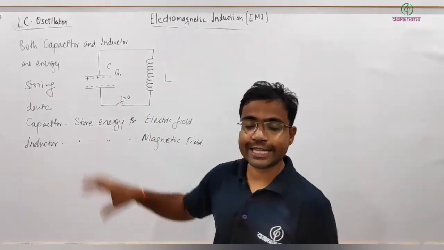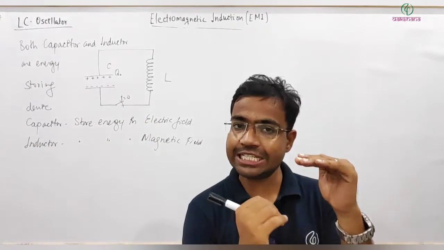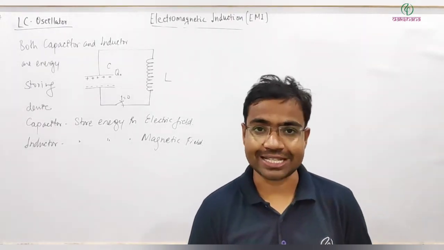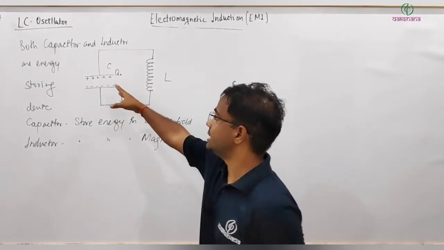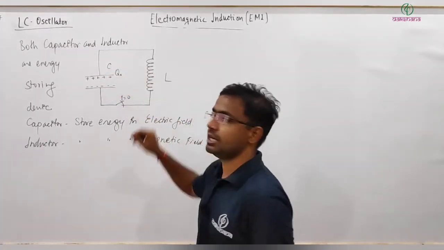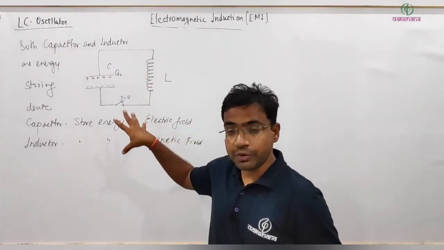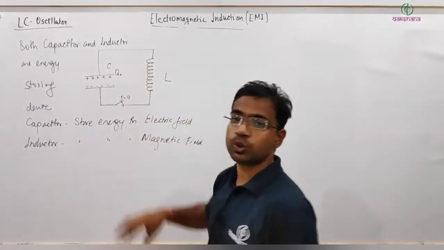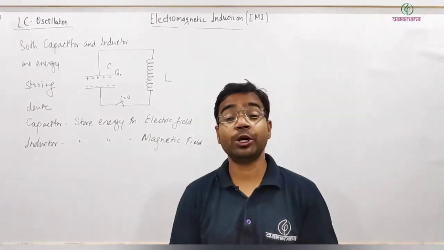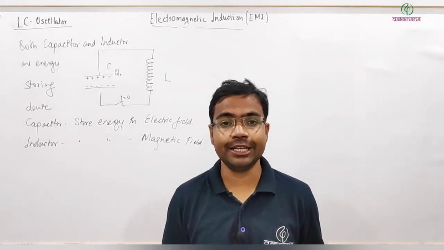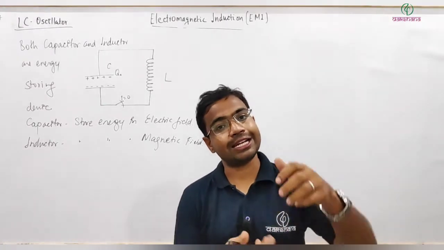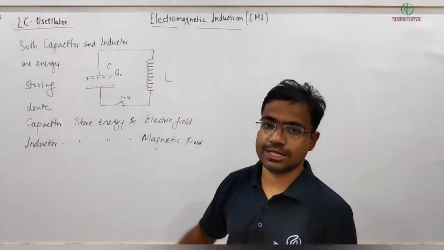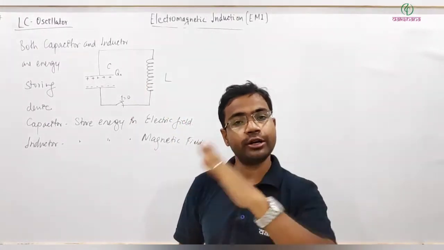Okay, so the point is that initially energy is stored in the capacitor in electric field by storing charge. When it is connected to the inductor, this will act like a battery and it will supply some energy. And we will see what happens after some time: it completely discharges and the total energy gets stored in the inductor. Now because the inductor also can't dissipate that energy, it will start acting like a power source, a battery, and it will supply the energy to the capacitor, and this process keeps on repeating.